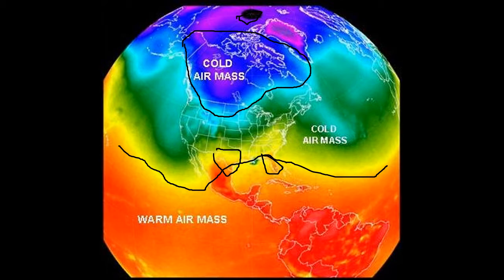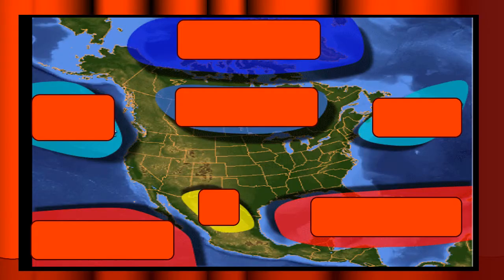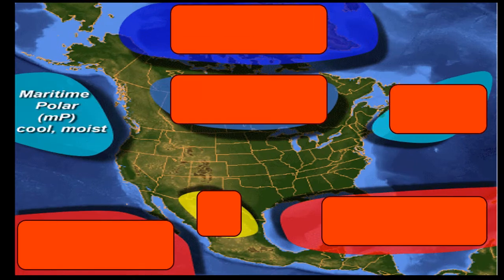So you can have a cold and wet air mass, or a warm and wet air mass, and similarly you can have a cold and dry air mass, or a warm and dry air mass. So these are all different types of air masses, and we need to learn the names for these. So make sure you fill in your little blocks here as you go.